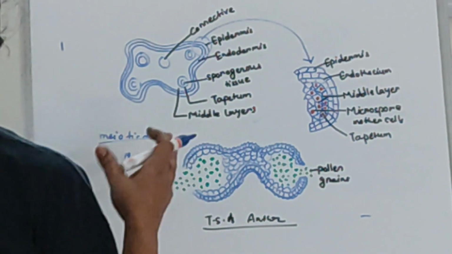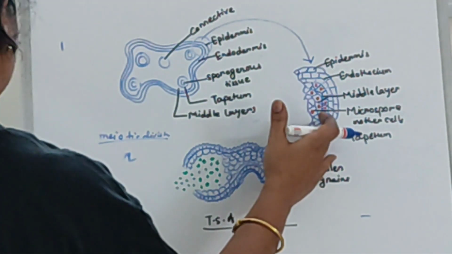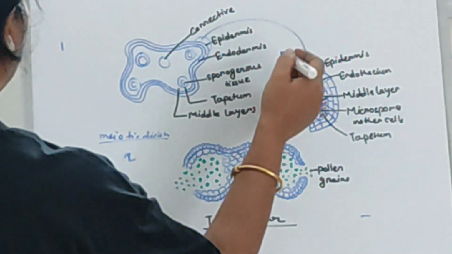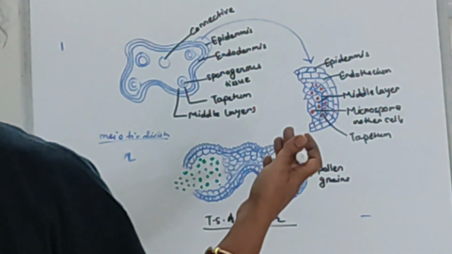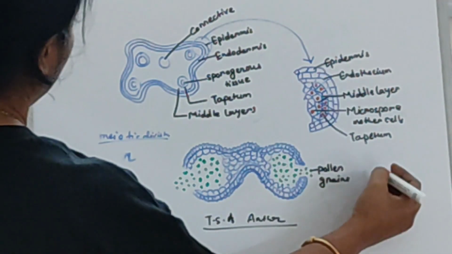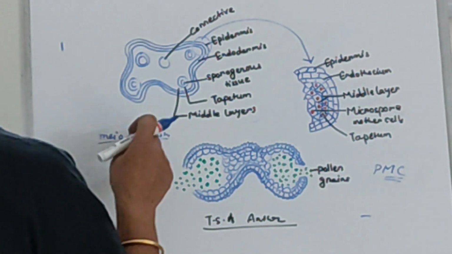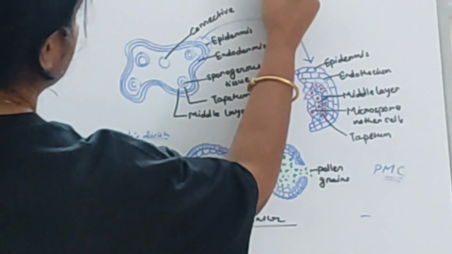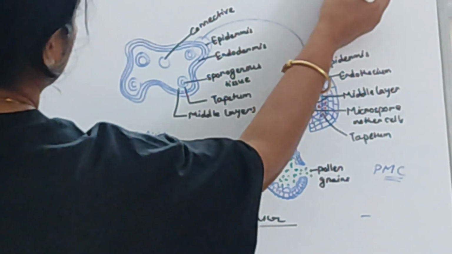Now the process of formation of microspores from a pollen mother cell, PMC, through meiosis is called microsporogenesis.